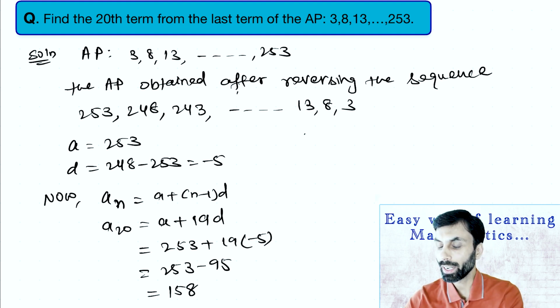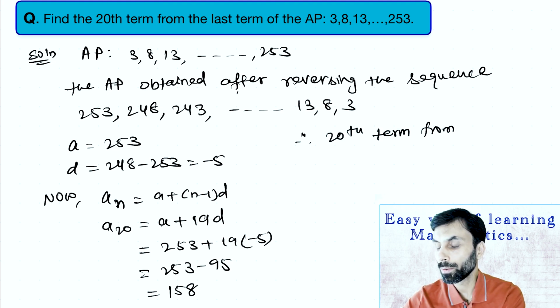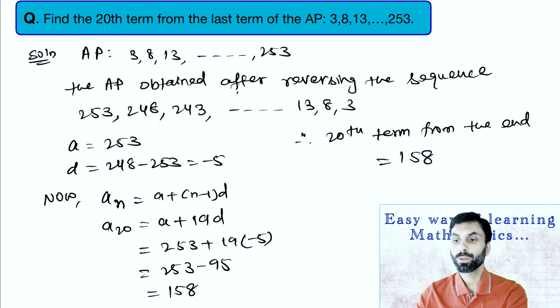So we can say, therefore, the 20th term from the end will be equal to 158.